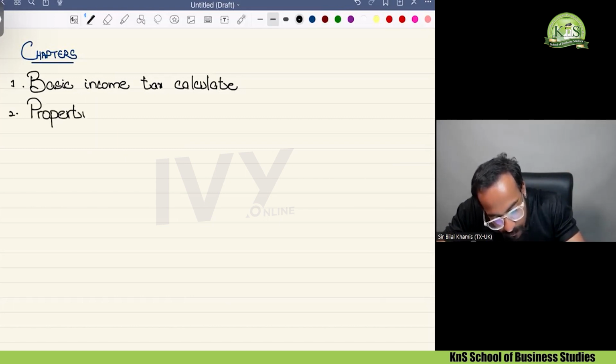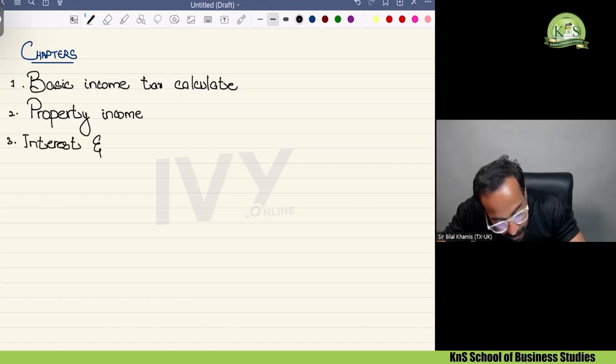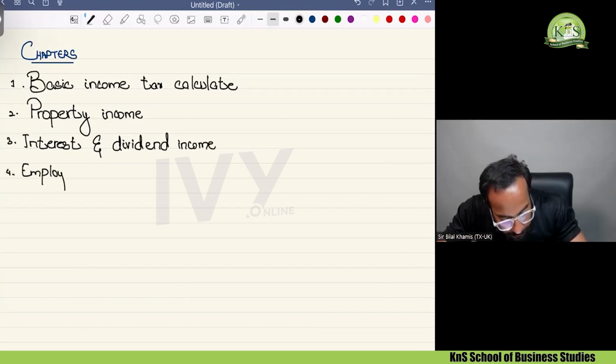Then you will have property income. Then interest and dividend income. Then employment income.